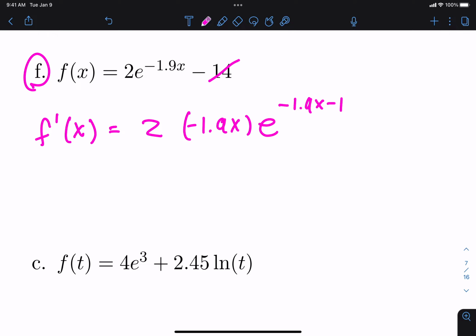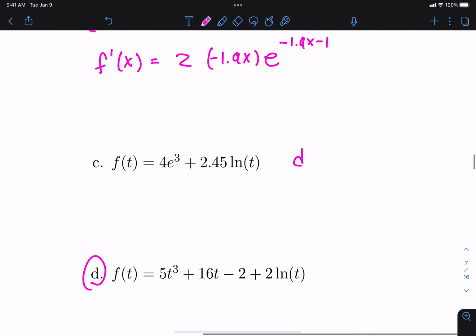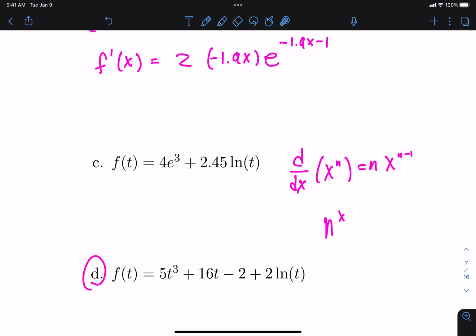In particular, we learned that the derivative of x to the power n is equal to n times x to the n minus 1, where n is a number and x is a variable. It's completely different if you switch a number to a variable; a variable to a number is not the same as a number to a variable. So this is a completely different type of function.